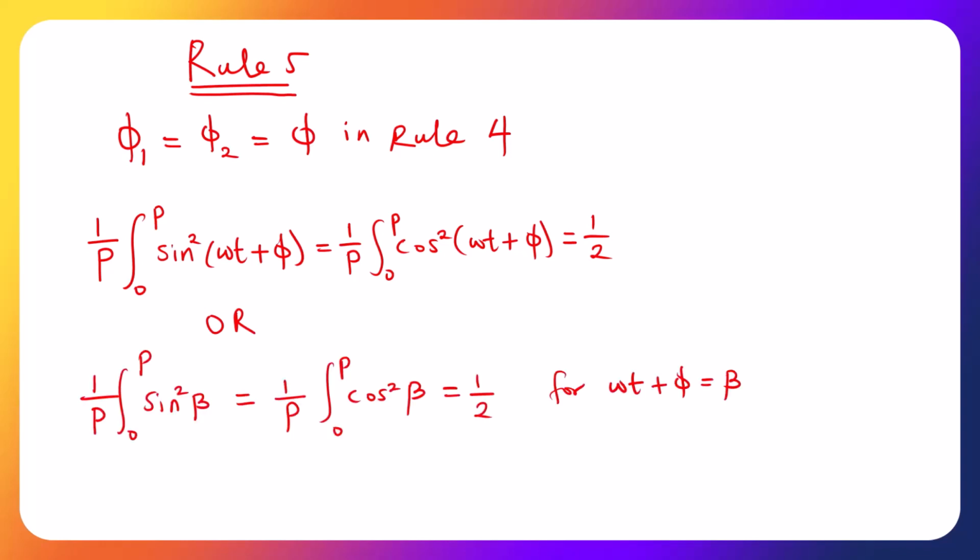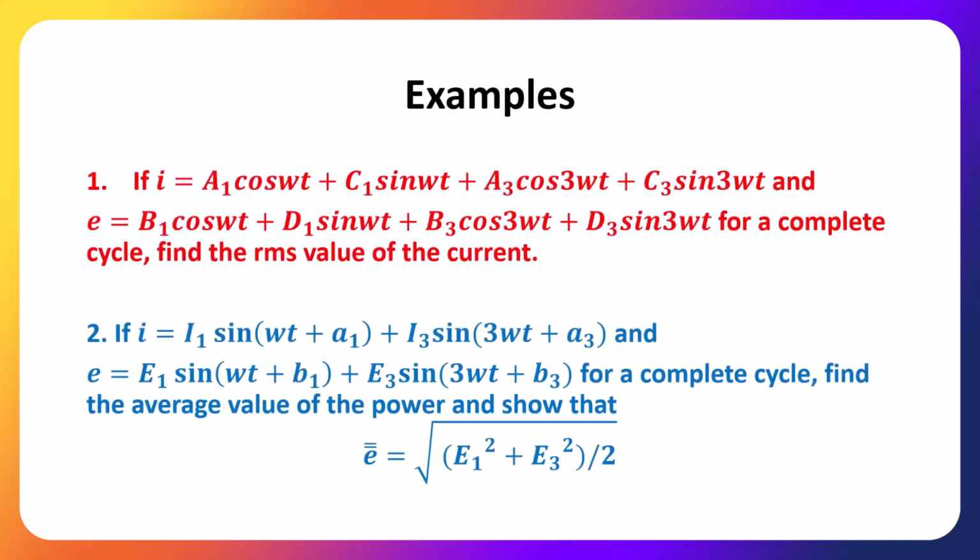Or it can be written as 1 over p integral from 0 to p of sine squared beta, which is equal to 1 over p integral from 0 to p of cos squared beta, which is equal to 1 over 2, for omega t plus phi equals beta. So now let's take a look at some examples.